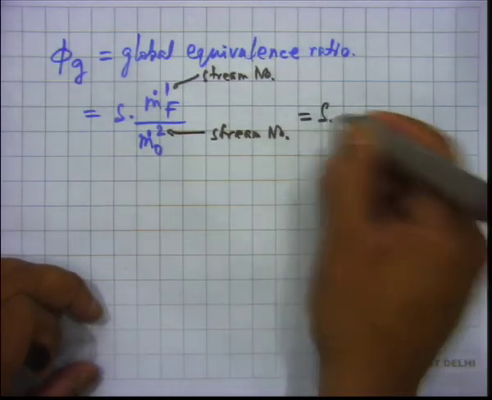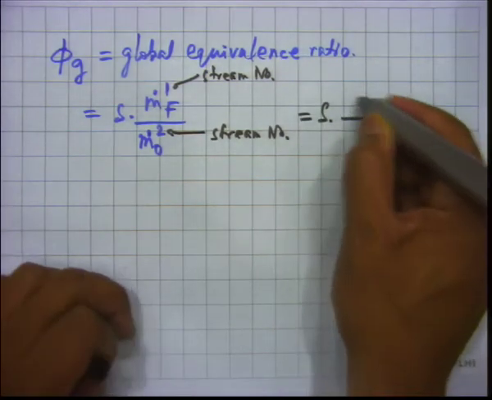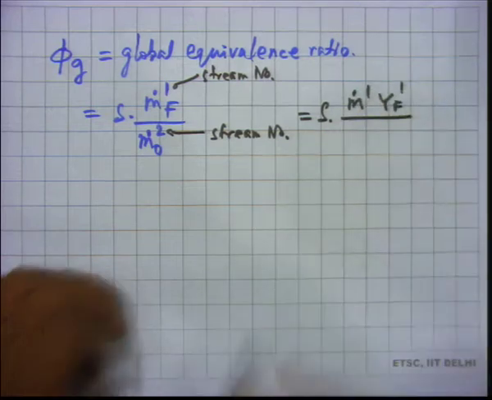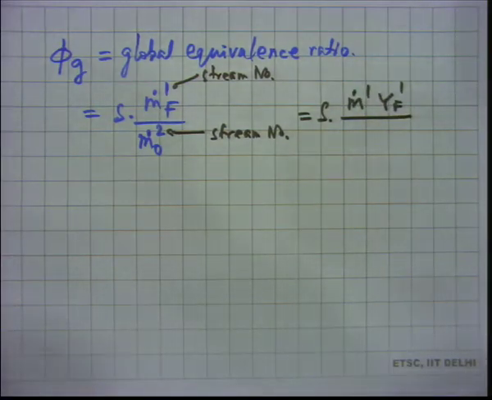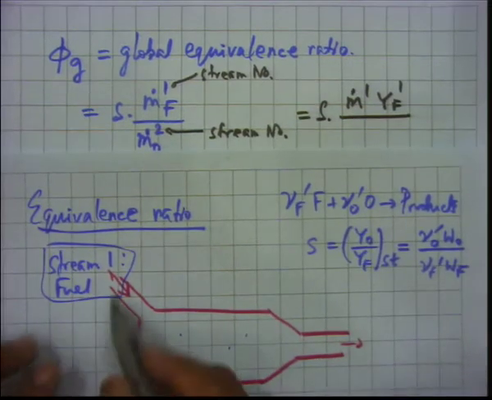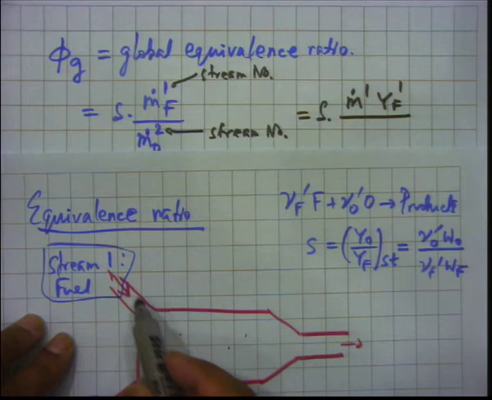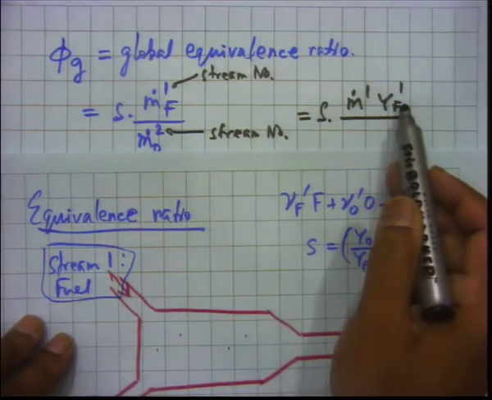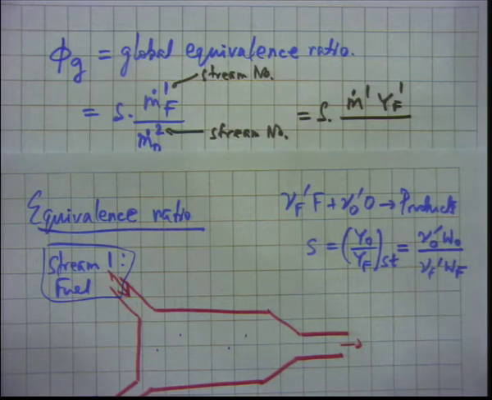S times m dot f1 can be written as m dot 1 multiplied by YF1. So what is m dot 1? It is the mass flow rate coming through that stream 1. Where is stream 1? Stream 1 is here. So this has a mass flow rate of m dot 1. That multiplied by YF1 will give you m dot f1.